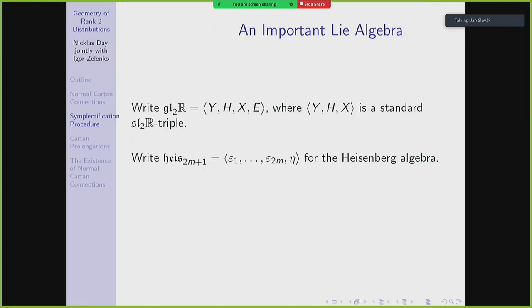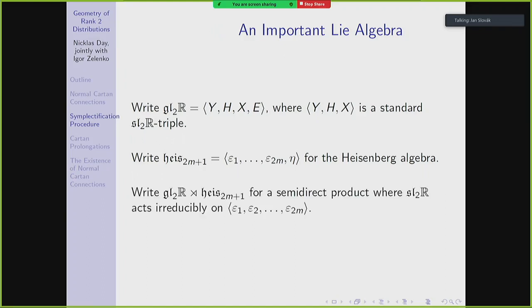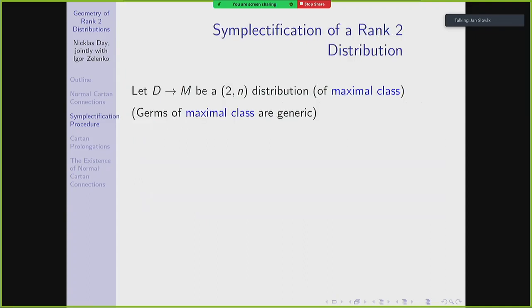The algebra that's going to keep coming up over and over again in this talk is GL2 acting on the Heisenberg algebra, where SL2 acts irreducibly on these epsilons. So it's a semi-direct product where SL2 acts irreducibly on these epsilons. I'm going to call this the symplectic symbol, or the symplectic algebra, or something like this. You'll see why in a bit.